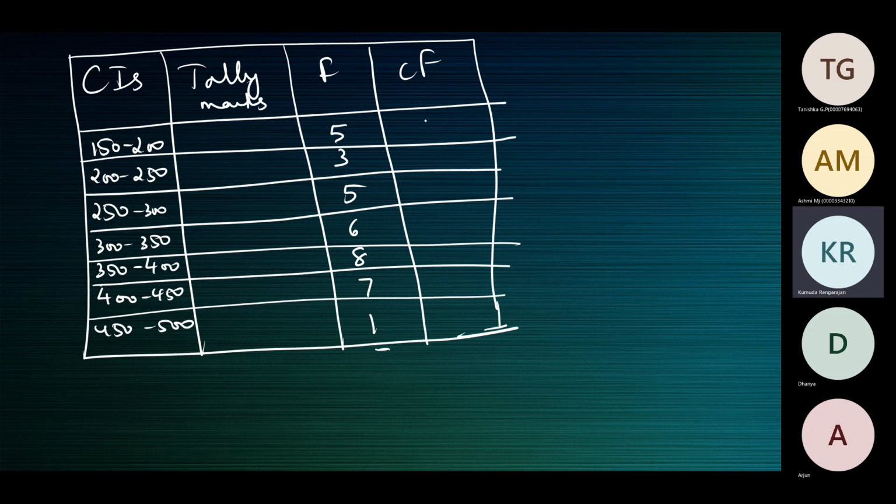All right, children, write the first frequency as it is. Then 5 plus 3, 8. 8 plus 5, 13. 13 plus 6, 19. 19 plus 8, 27. Yes, 27, right? Then 27 plus 7, 34. 34 plus 1, 35. The last cumulative frequency should be equal to the total of the frequency column. Got this, children?